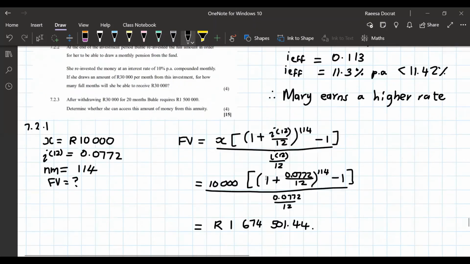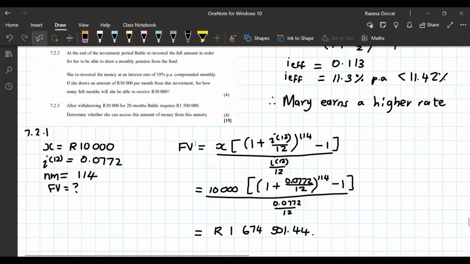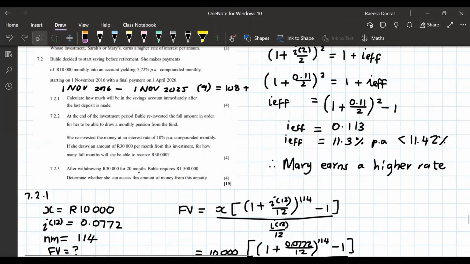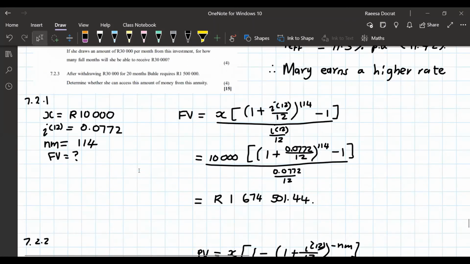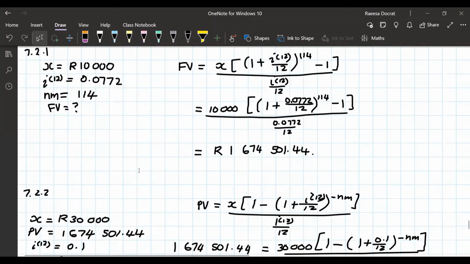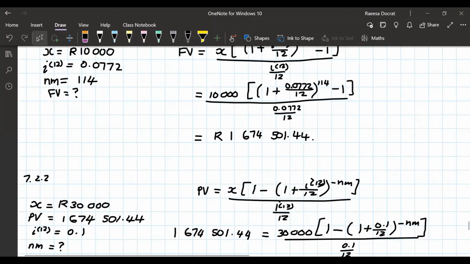Okay. Let us have a look at the final question. So it says, after withdrawing 30,000 for 20 months, Buhle requires 1,500,000. Determine whether she can access this amount from her annuity. So we want to know what is the value after 20 months. Okay, so there's two ways that we could do this calculation.